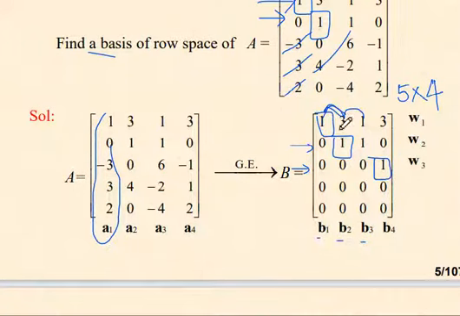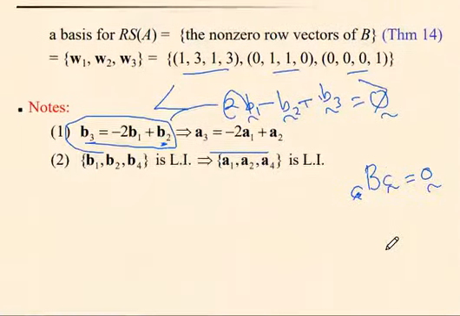Therefore B1, B2, and B4 are linearly independent, because in B1 this position is 0, in B2 this position is 0. You cannot get 1 from these two. Therefore you cannot write B4 in terms of B1 and B2. Therefore, B1, B2, and B4 are linearly independent.